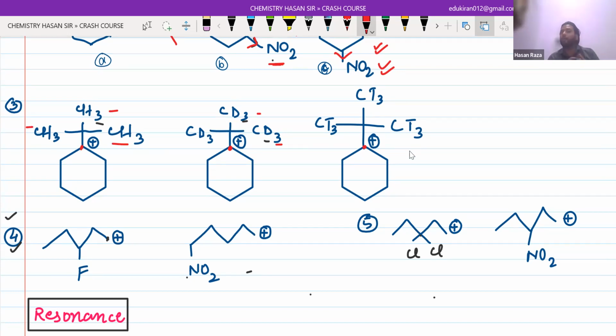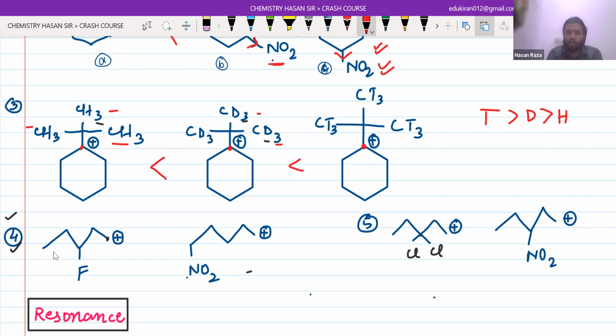Which one will have more power to donate electron to this carbocation? Because this carbocation is facing a deficiency of electron. So as I told you, T has more tendency to give electron than D, than H. That's why the order will be C, B, A. You can see CD3 will be more stable, because tritium will donate more electron than deuterium, and deuterium will donate more electron than hydrogen. That's why. Is that clear?